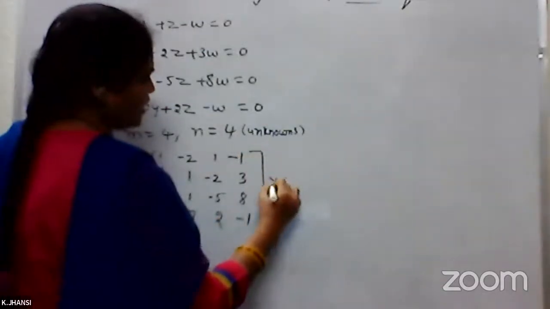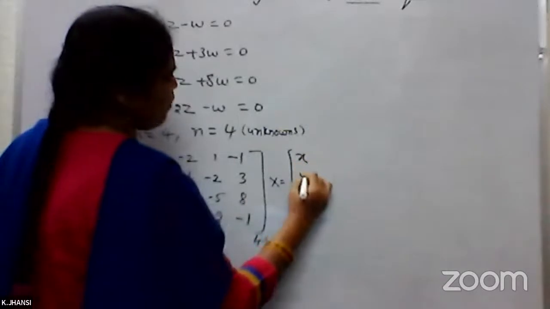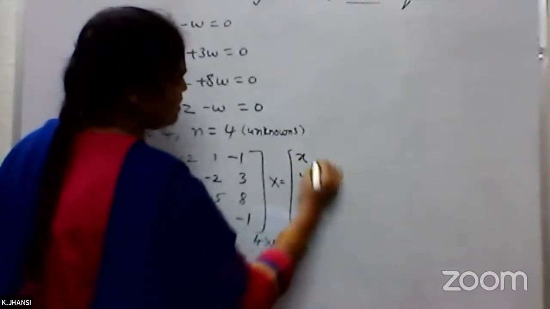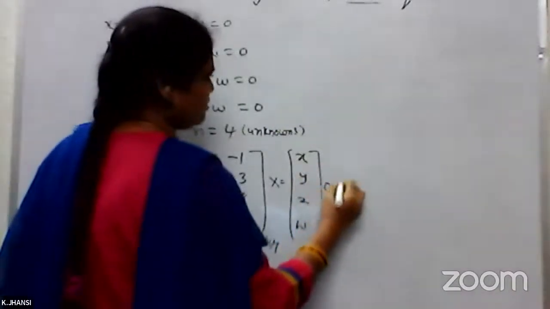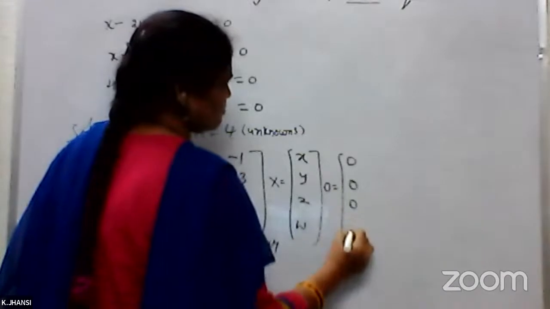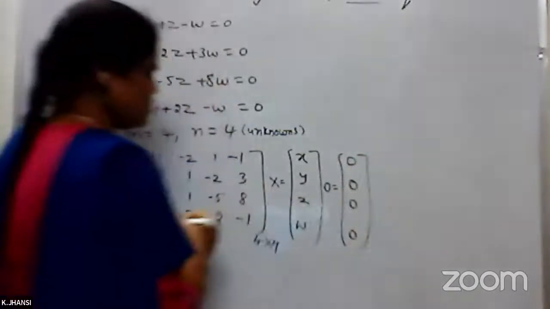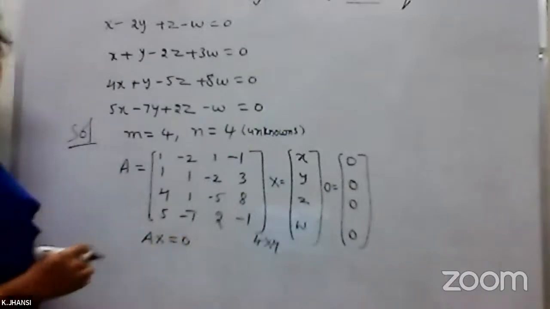Next, capital X equals x, y, z and w, and it equals 0. Now it is in the form of the equation AX equals 0.